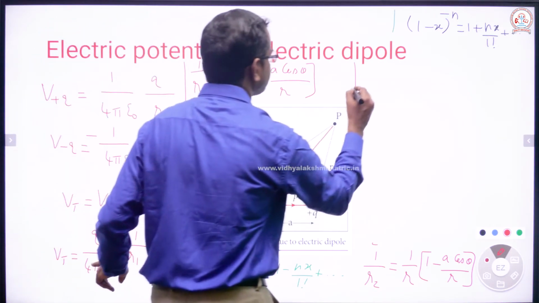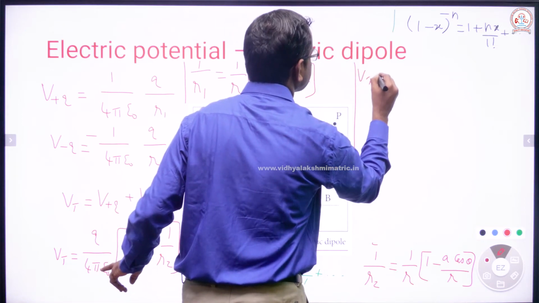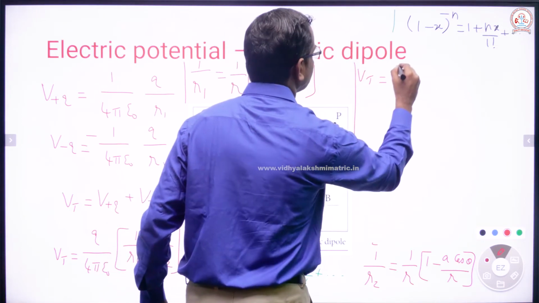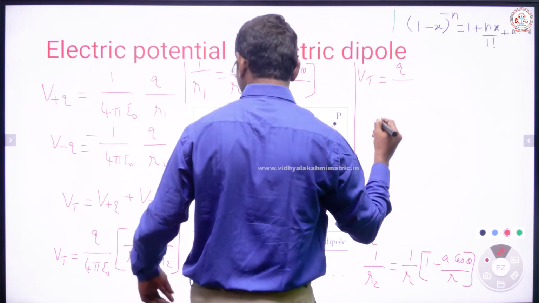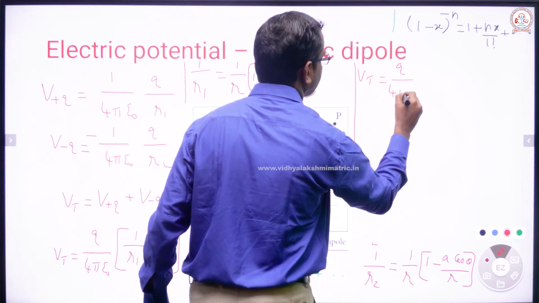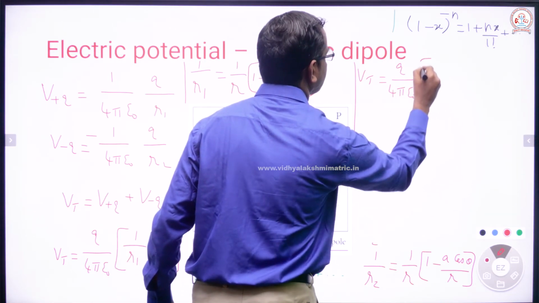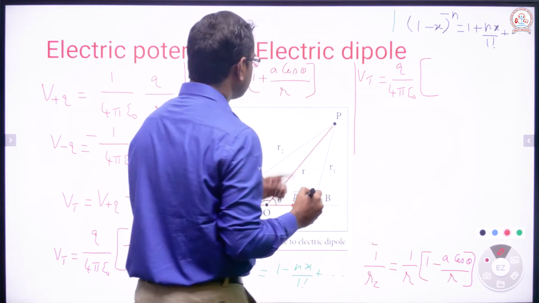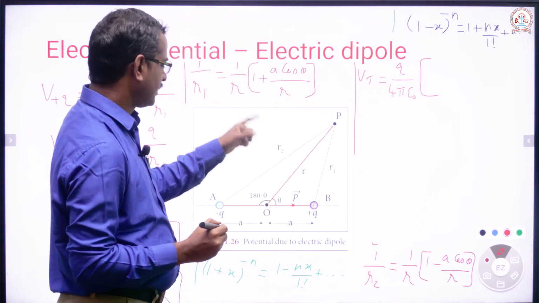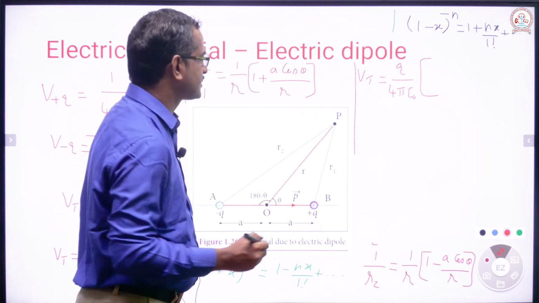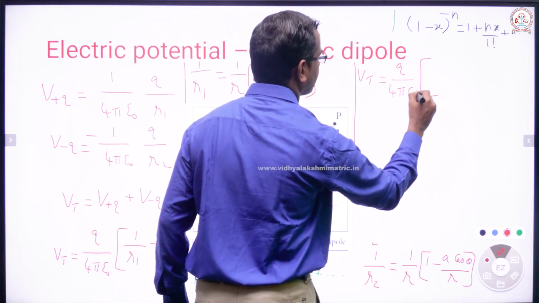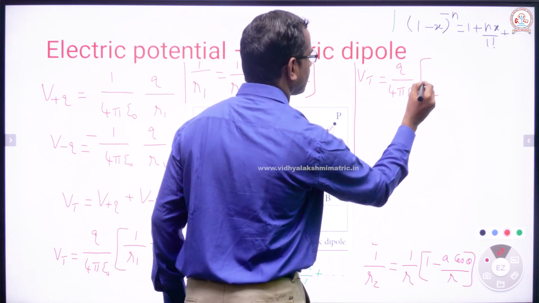Let us substitute those values. The total electric potential at the point is equal to q divided by 4 pi epsilon naught, 1 by r1 is 1 by r. Here also we have 1 by r in it, so let us take the common 1 by r out.